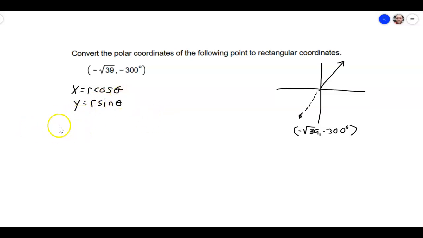So let's start with the x. So x is going to equal negative square root of 39 times the cosine of negative 300.